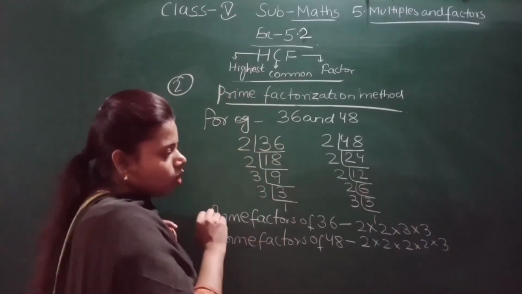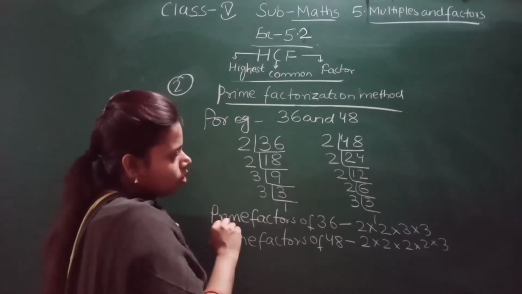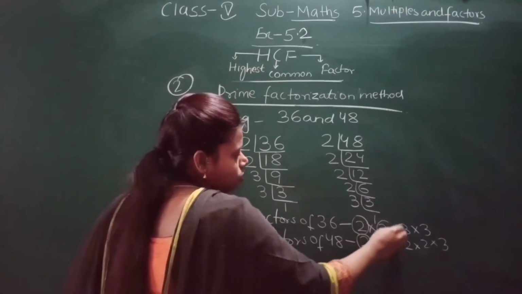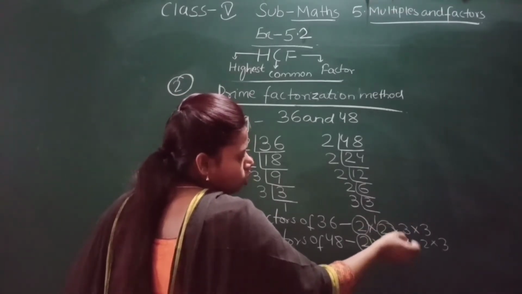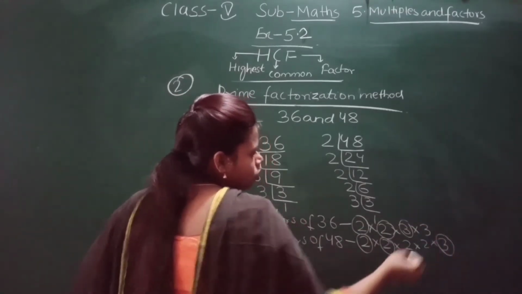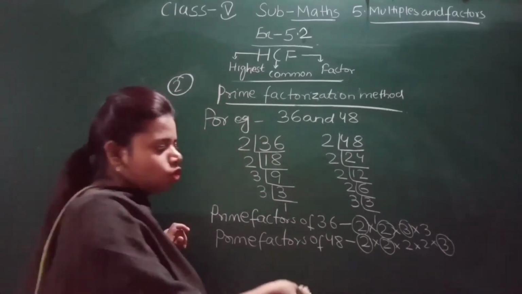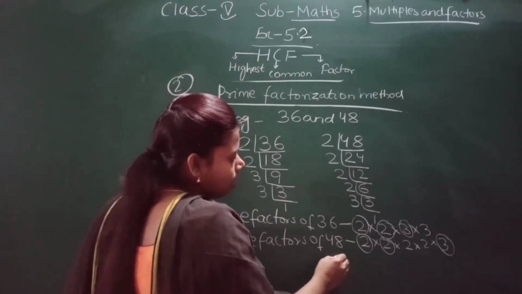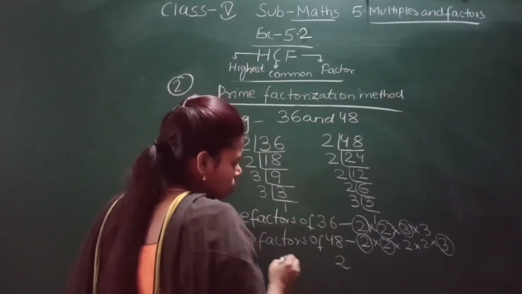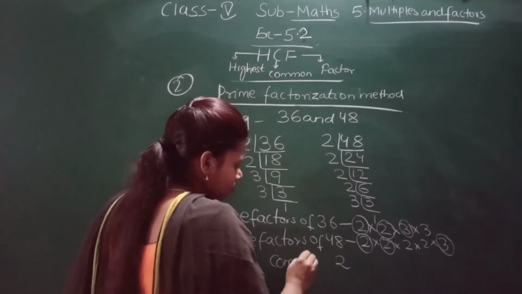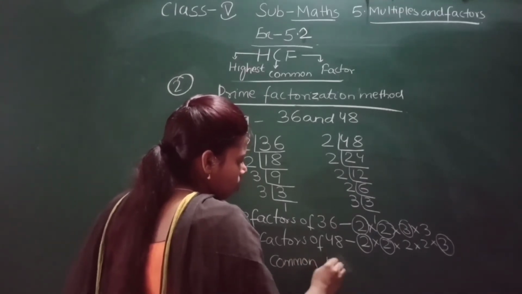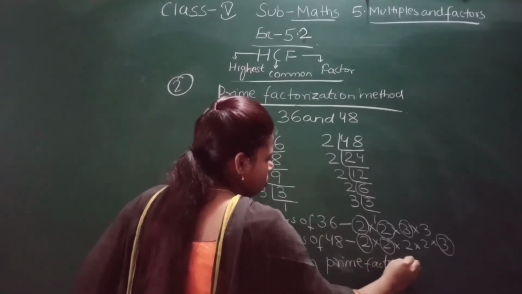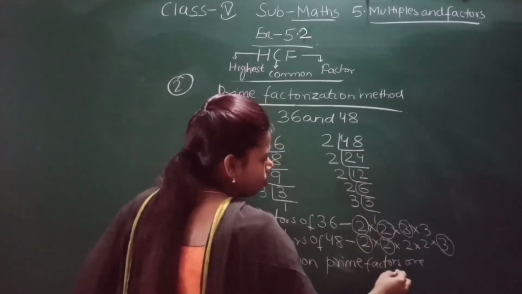Now what are common? 2 is common. Again this 2 is common. Now this 2 is not common. This 3 is common. So we got the common prime factors. How will you write again? You write here common prime factors are 2 into 2 into 3.